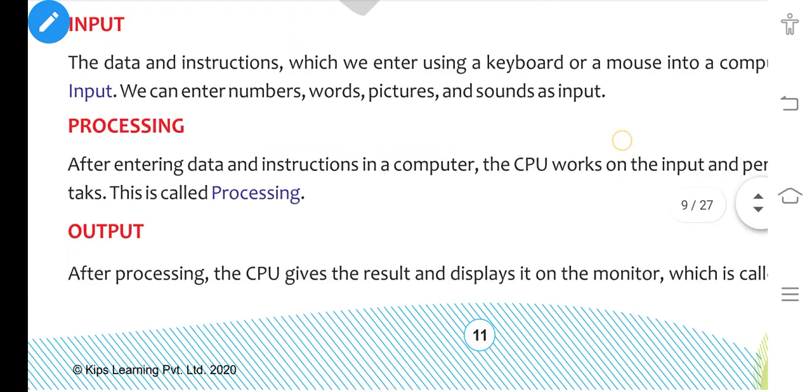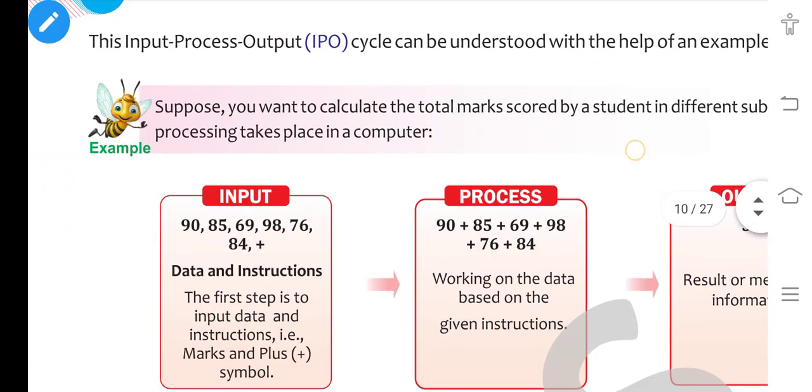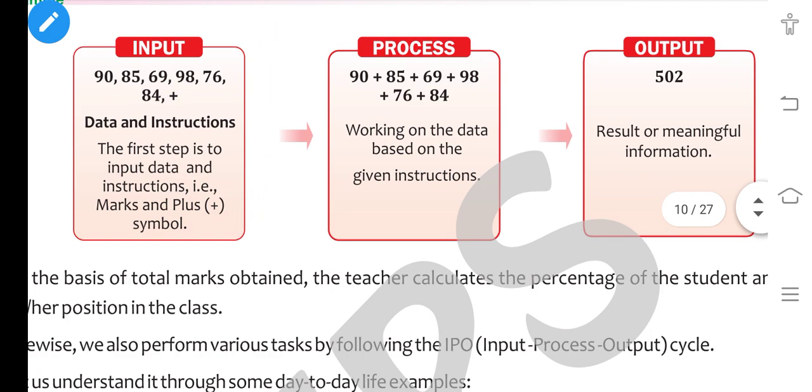Here input means data and instructions. Process means working on data or working on input. And output means whatever results we are getting on the computer after processing, that is called the output.